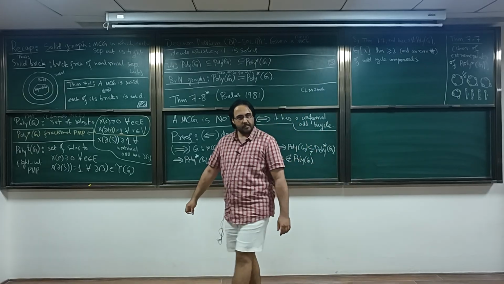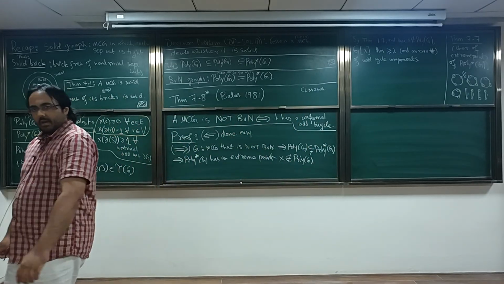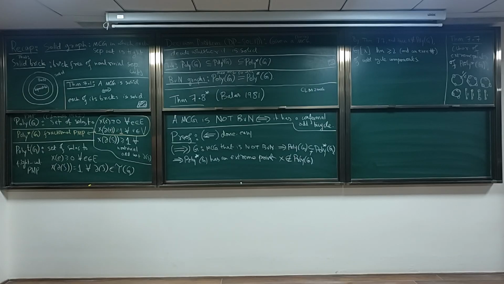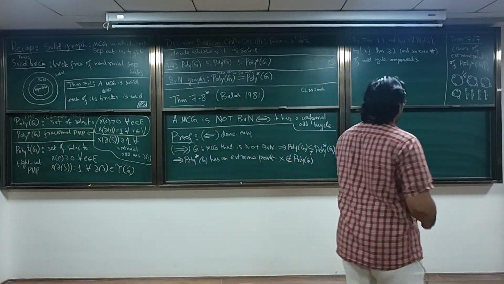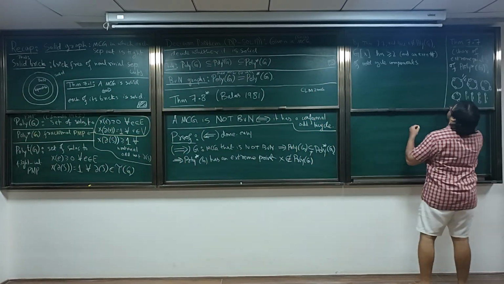You agree? And observe that if I take all the odd cycles of this graph, that is an even number of odd cycles, pairwise vertex disjoint, and together that is a conformal subgraph, because outside you have K2s, right?